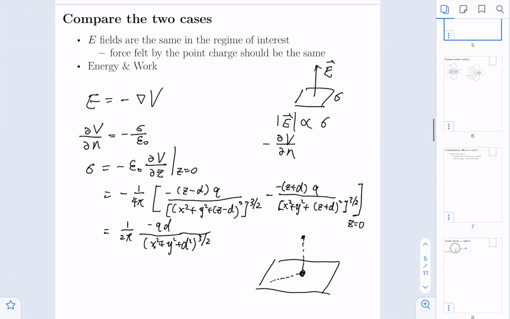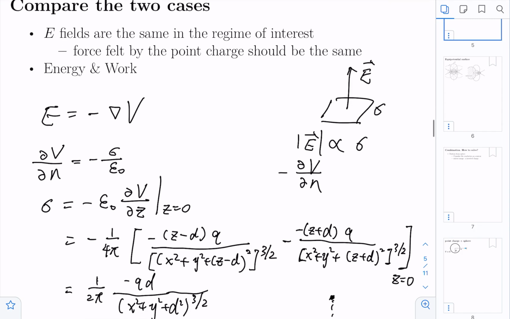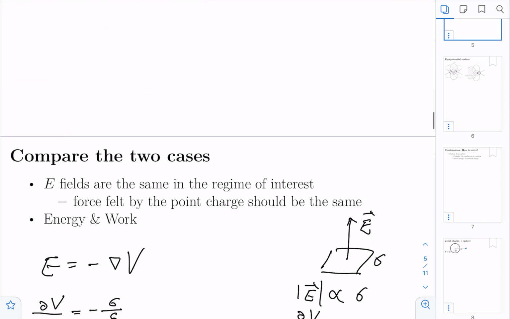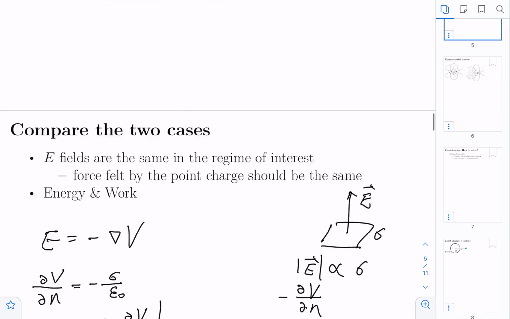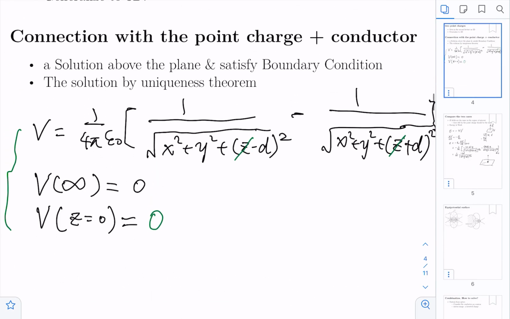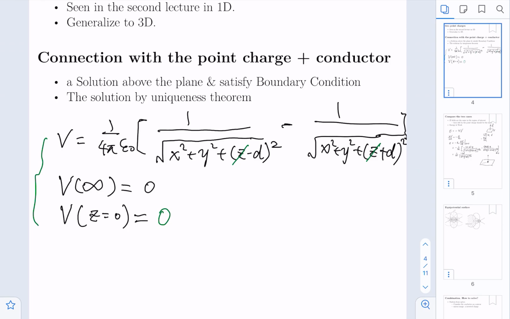Let's check. So partial v partial z, yeah, I should take a partial derivative of this expression, and so this is minus 1/2 and z minus d.